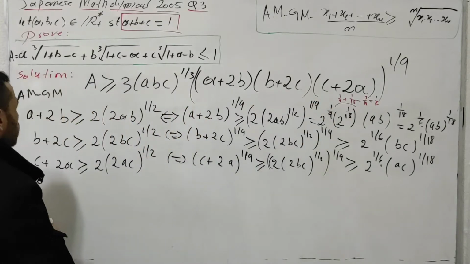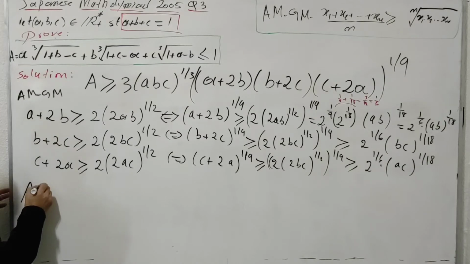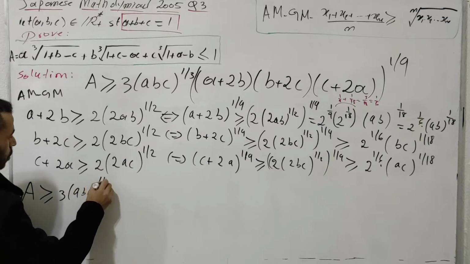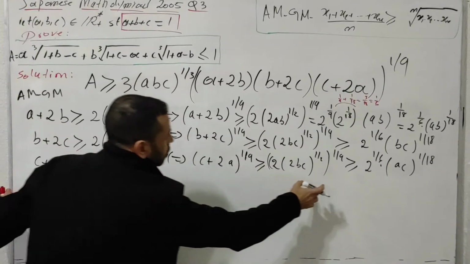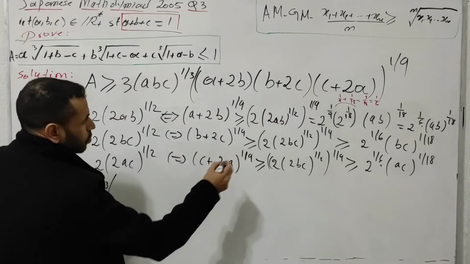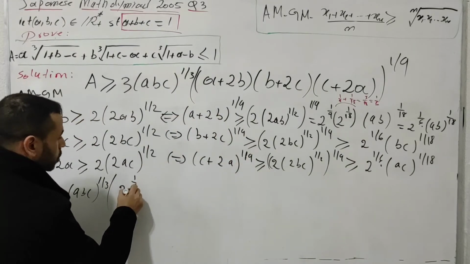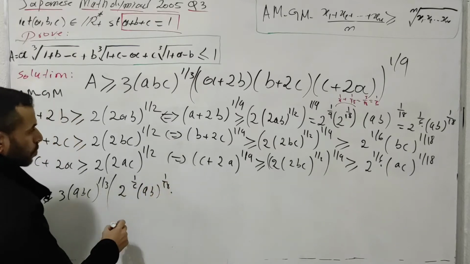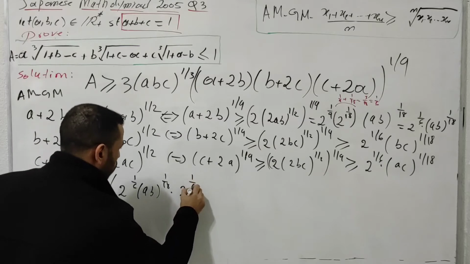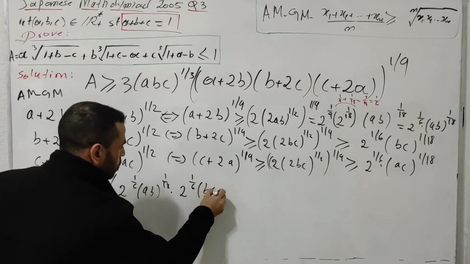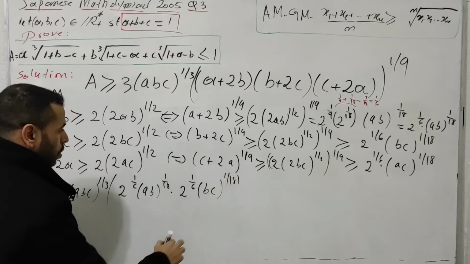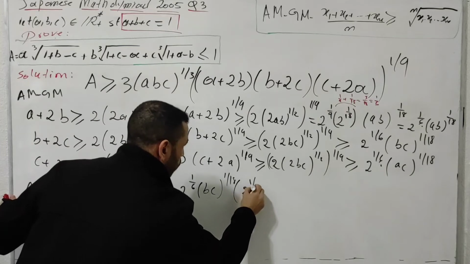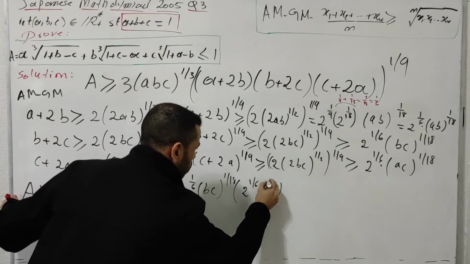Okay, so I will get capital A is greater than or equal to 3 times (abc) to the 1 over 3, multiplied by these three numbers which I found before: 2 to the 1 over 6 multiplied by ab to the 1 over 18, multiplied by the second term, which is 2 to the 1 over 6 multiplied by bc to the 1 over 18, and multiplied by 2 to the 1 over 6 multiplied by ac to the 1 over 18.